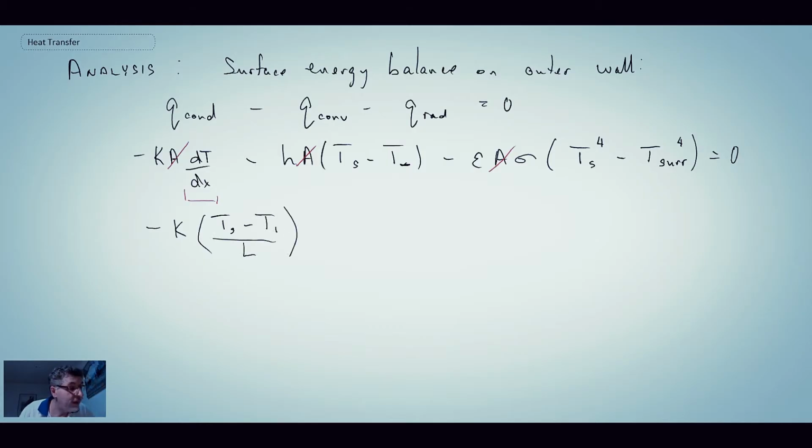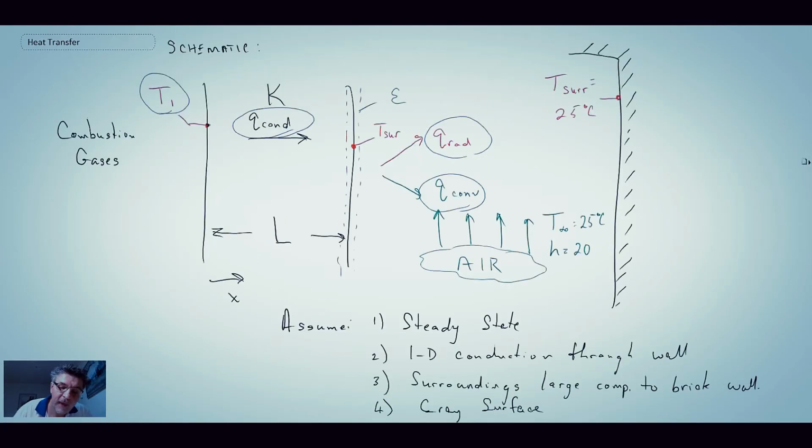Now note the way that I'm doing this. I'm putting Ts minus T1, and so Ts is the value of the temperature. Actually, let me correct that. I'm going to make that Ts, because that is what we have, and then we have T surrounding.